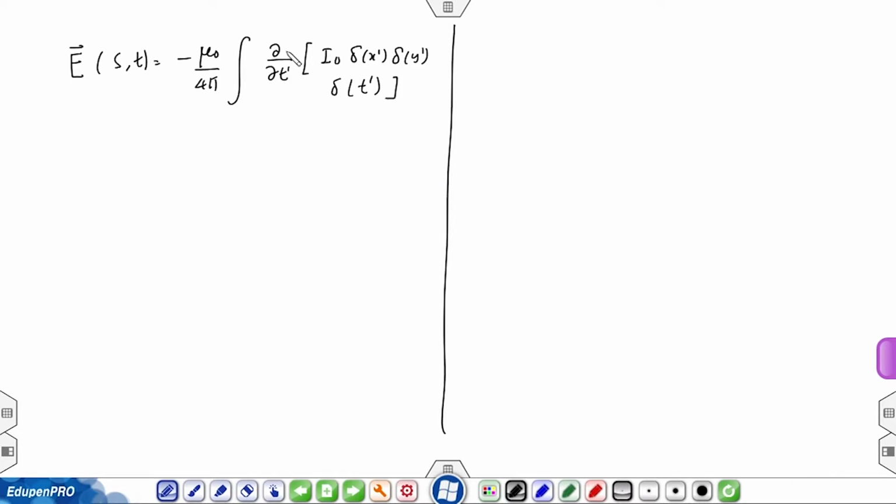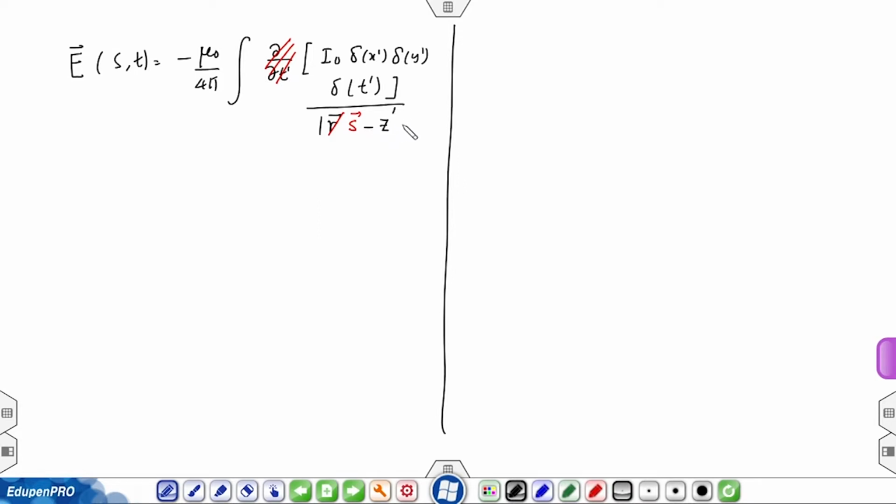Since I am already writing the derivative, I am going to remove this part now, divided by modulus r, which again I am going to remove and say this is only s vector, and the contribution is going to come from only z part.